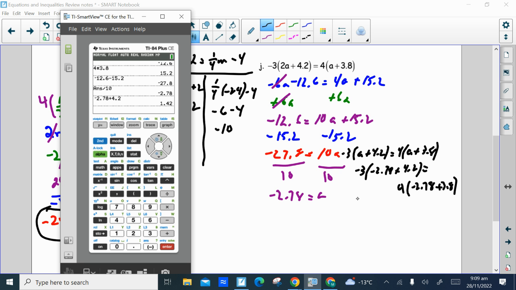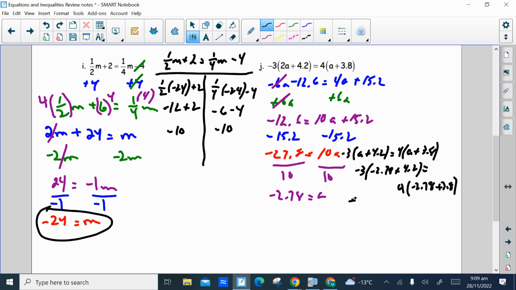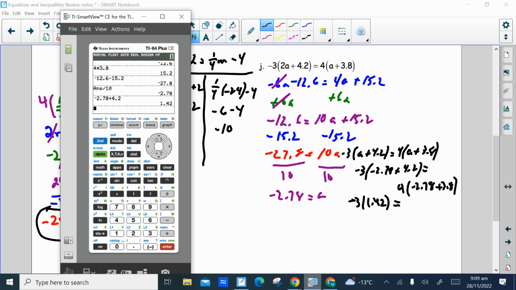That gives us 1.42 inside the brackets. And that should equal the right side, negative 2.78 plus 3.8 inside the brackets, positive 1.02.